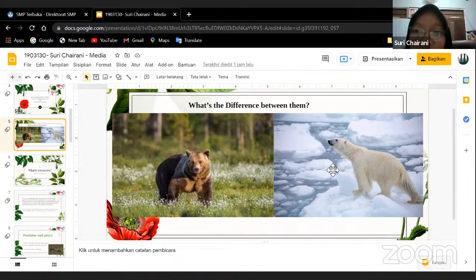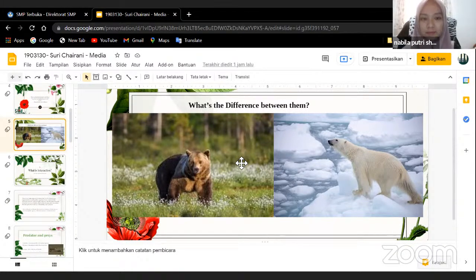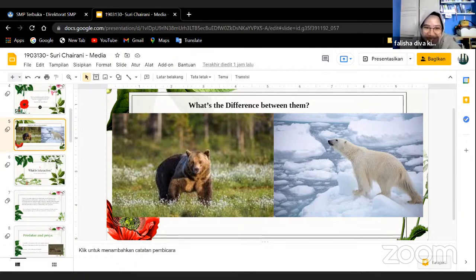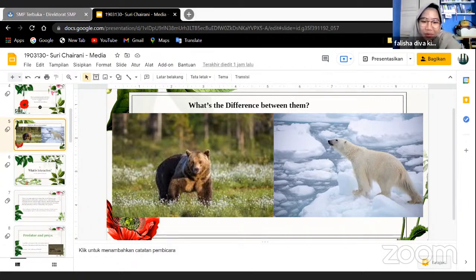Yes, it can, I think. The brown bear can eat the polar bear's food, a fish. Yes, because they are carnivores, I guess.